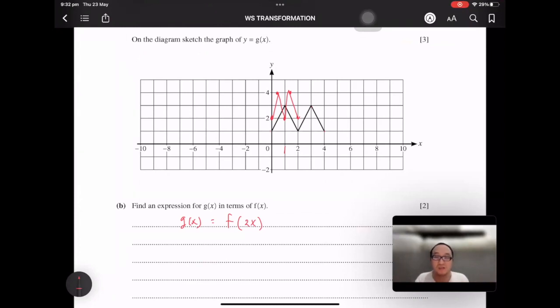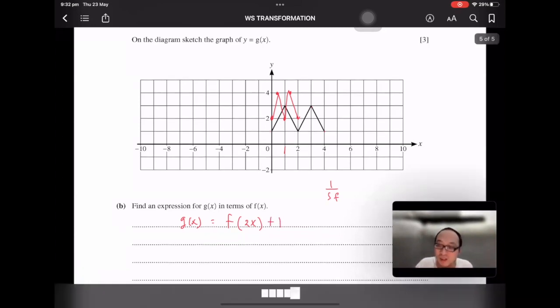It's in the opposite way, it's 1 over the scale factor. The scale factor is half, so we write 1 over 1/2, which equals 2. And then translate by 1, so it's plus 1. So this is the notation.